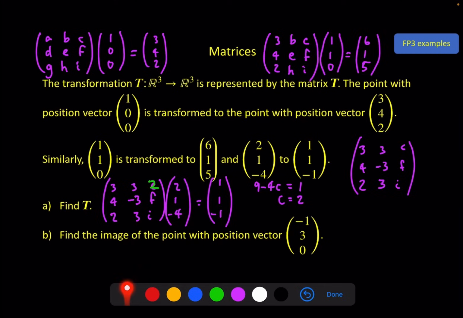Then we keep going. We've got 8 minus 3 is 5, something to give me 1. That's our second row. So f must be 1.